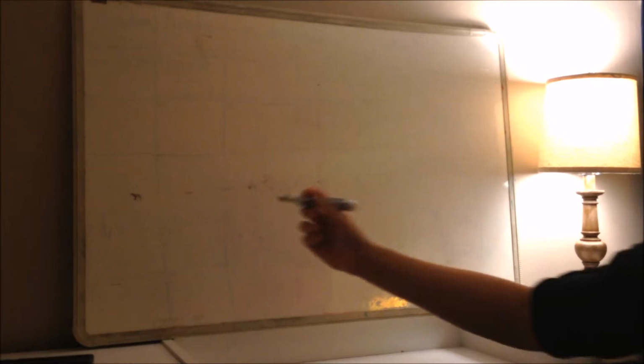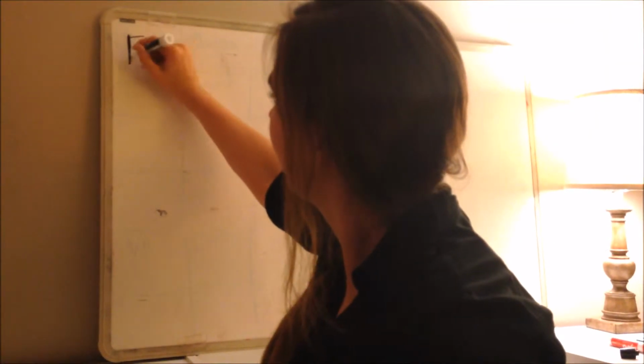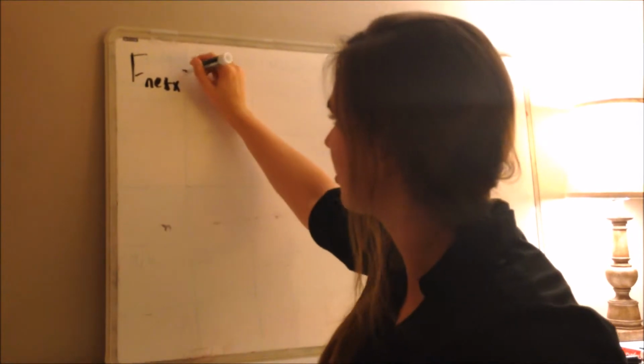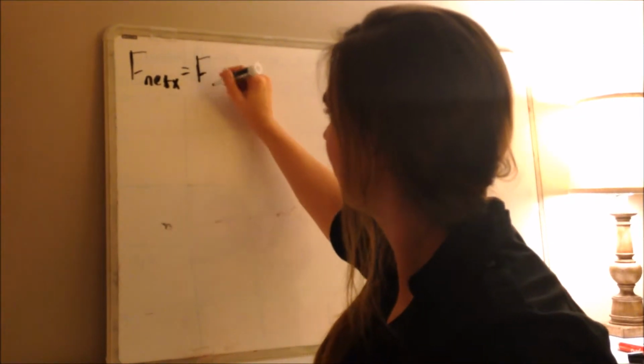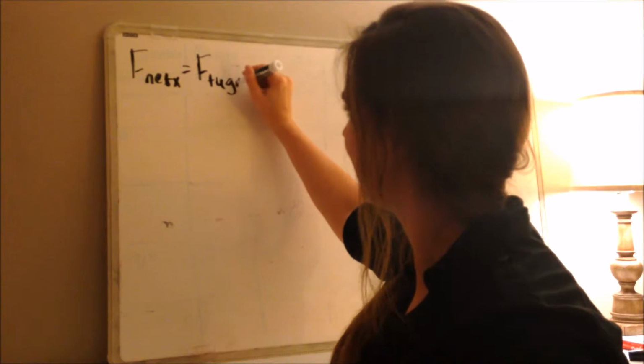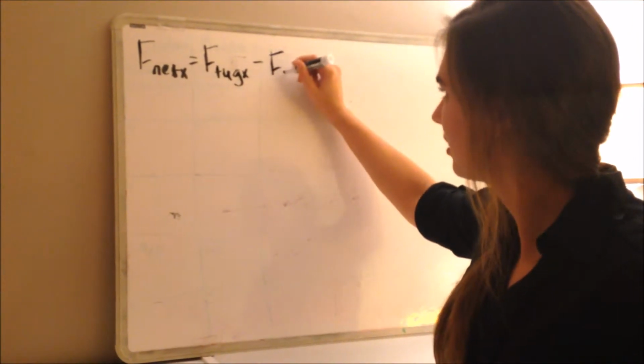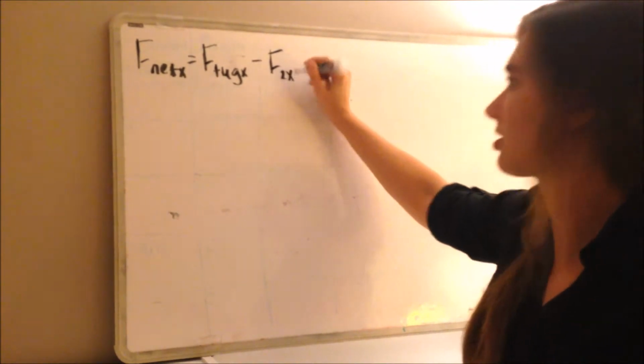Okay, so the following thing that you have to do is split the net force into components. So we know we have the net force in the x direction, which will be the force of the tug in the x direction minus the unknown force in the x direction.